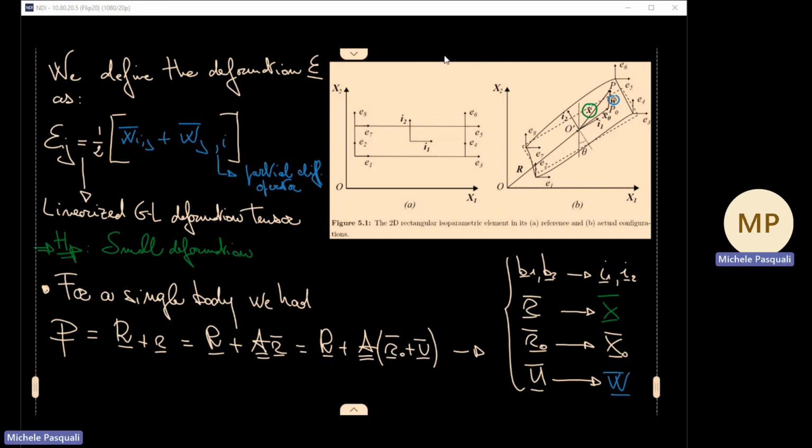Why do I do this? This is, again, a simplifying hypothesis in which you have a body composed of a single element.